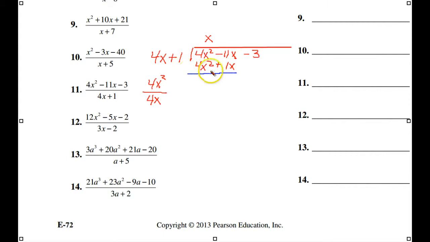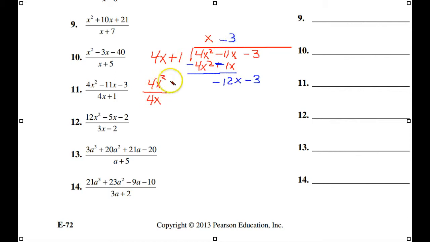Okay, so we have done this. Now we're going to subtract by changing the signs. These cancel out, and here I get a negative 12x. I bring down my negative 3. Now 4x goes into there a negative 3 times.